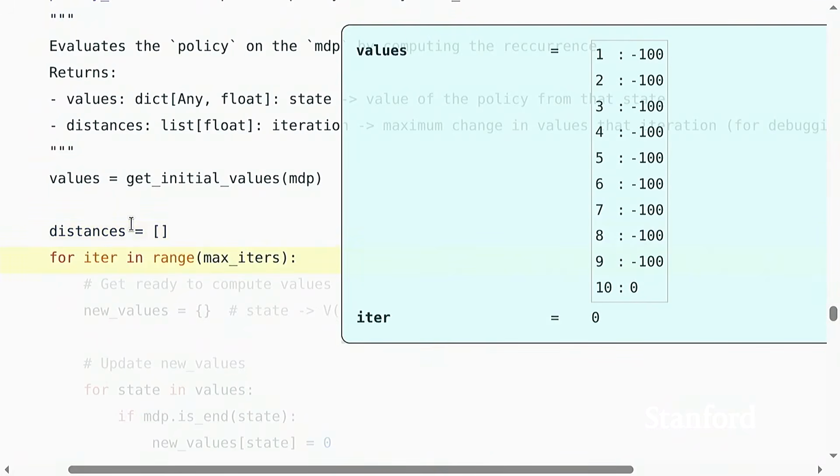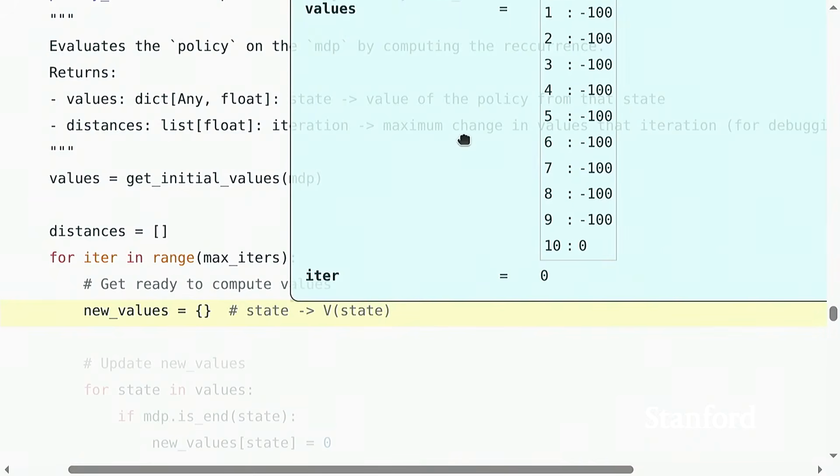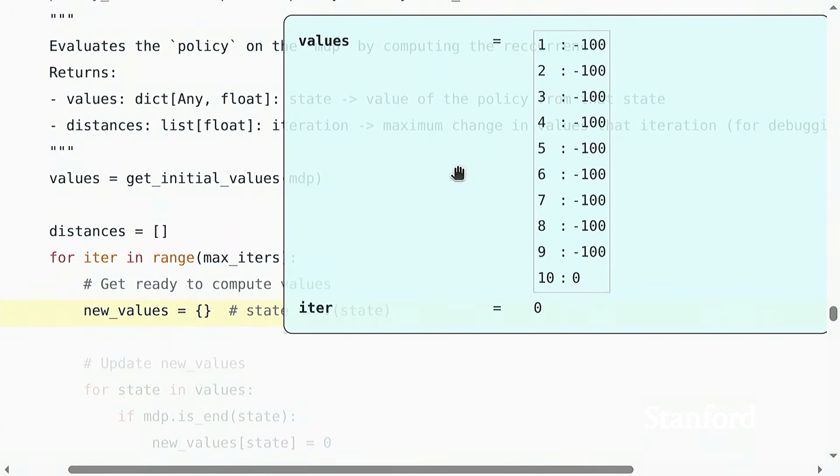Now I'm going to start iterating. One turn of the loop takes whatever's in values, updates it to get new values, and replaces values with new values. Remember, values is supposed to be the value of a policy at a given state.